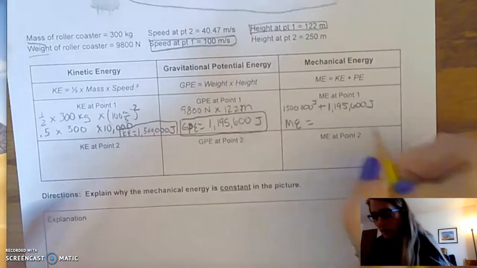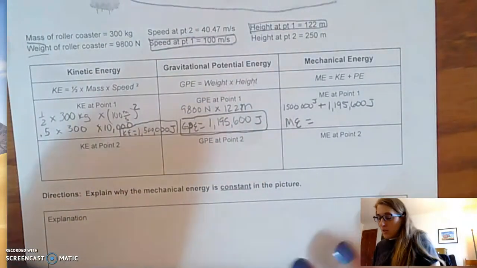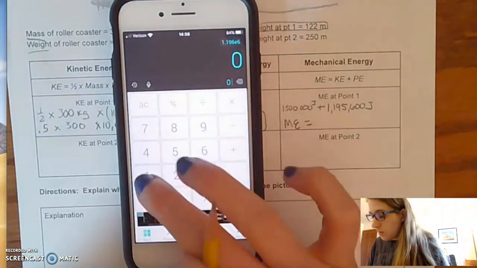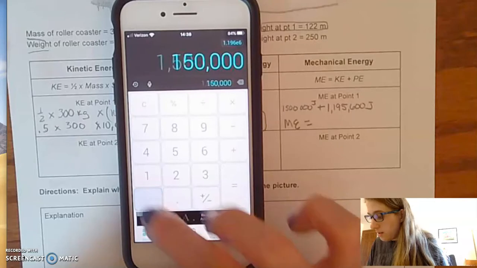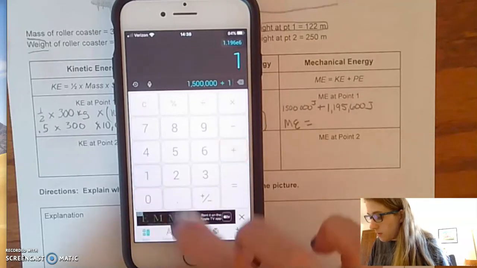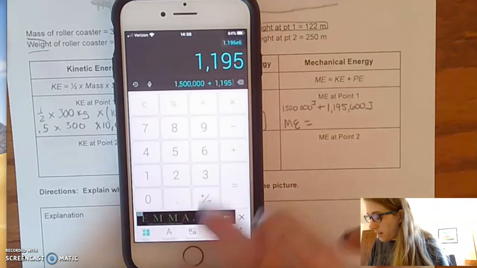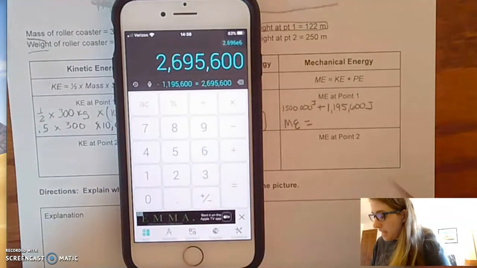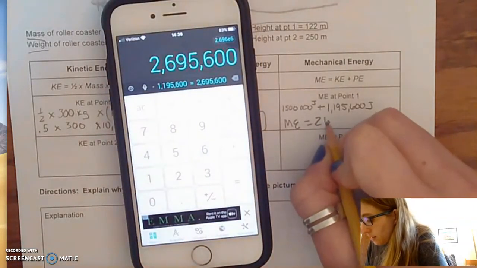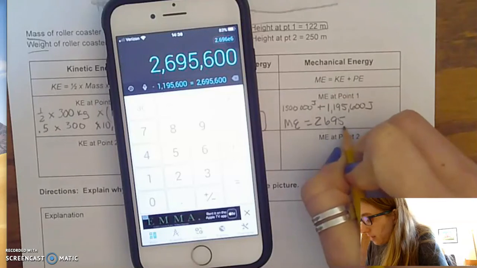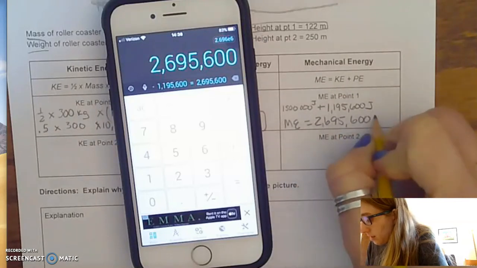So my mechanical energy, and there's no order of operations, I'm just adding, is 1,500,000 plus 1,195,600 equals 2,695,600 joules.